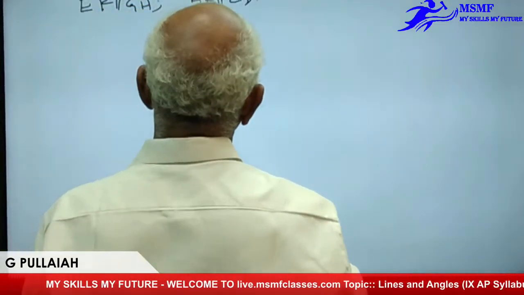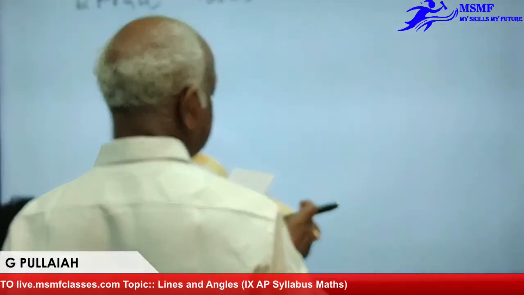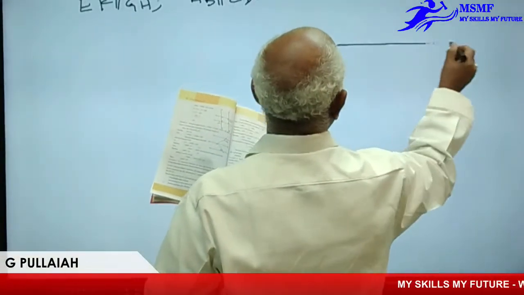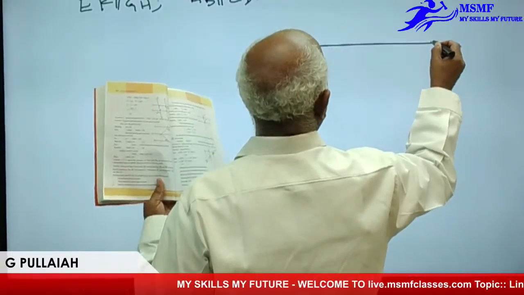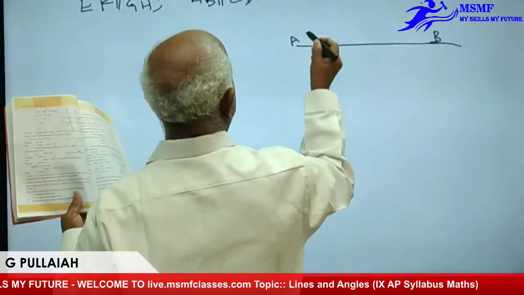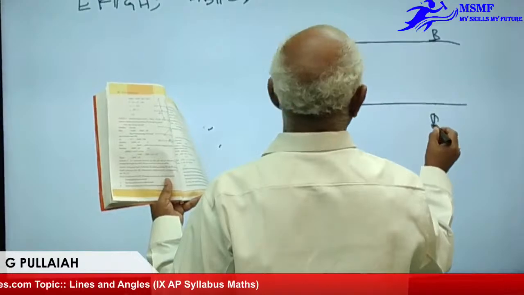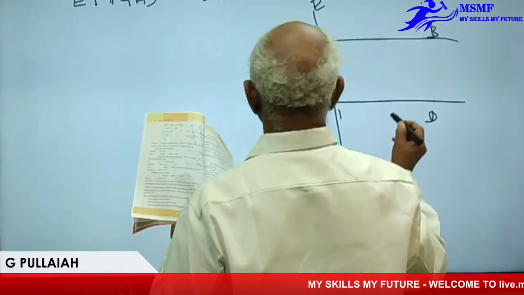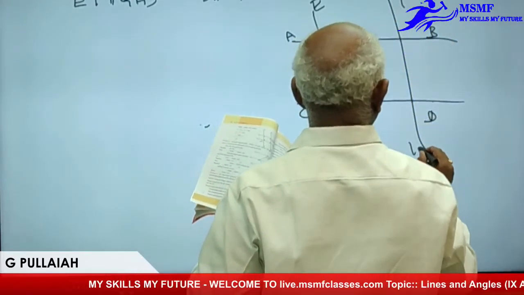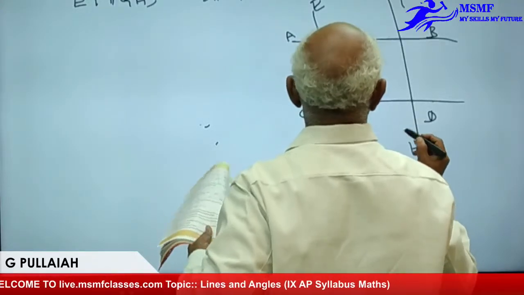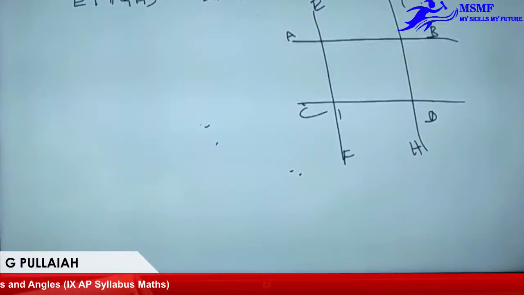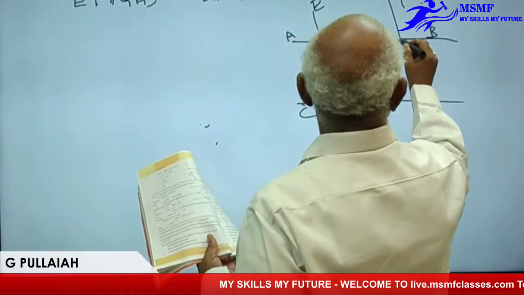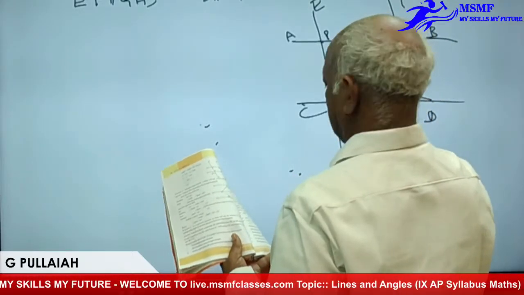So now here AB is parallel to CD and EF is parallel to GH. Now here these are intersecting at points P, Q, R, S.